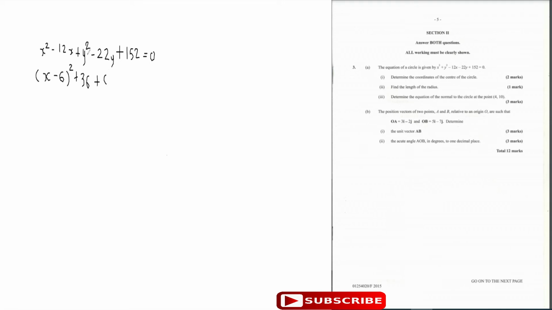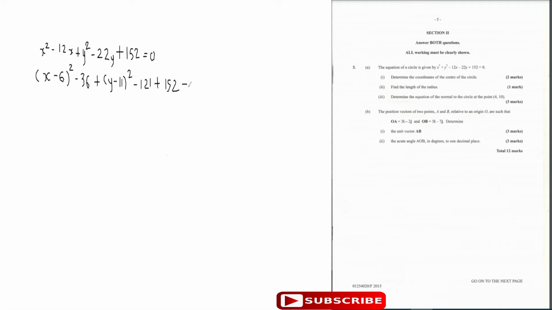We divide this by 2 to get y minus 11 squared, and then we subtract 11 squared. We should be subtracting 6 squared, so this should be minus 36. This should be subtracting 11 squared, which is subtracting 121, plus 152, and that's equal to 0.